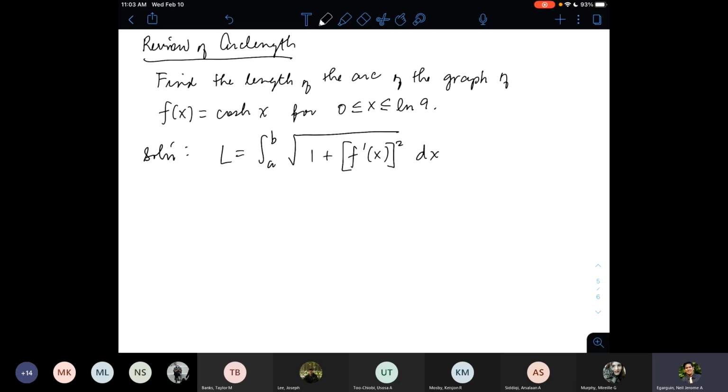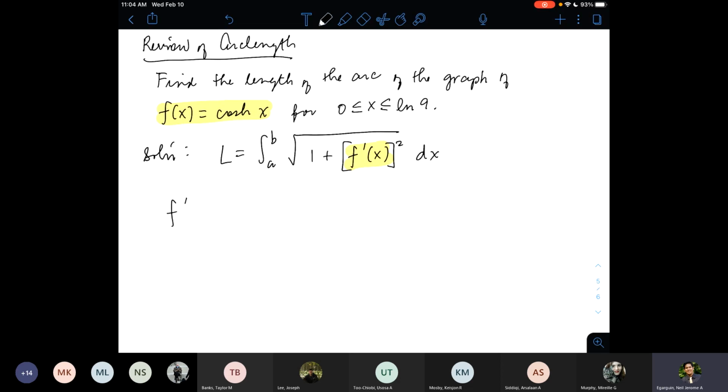They have the same forms for the integral with respect to x and with respect to y. But since the function here is given in terms of x, I'll stick with this formula. Notice that the major component of this formula is the derivative, which needs to be squared.